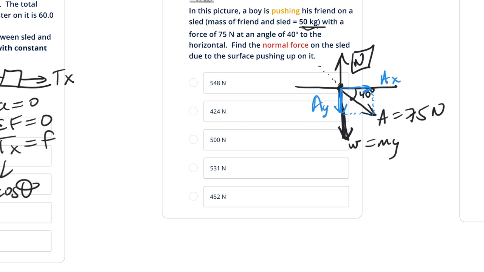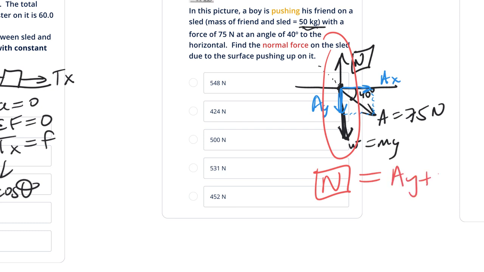Now in this case, look just at the vertical forces. N, the sum of the forces that point up, equals the sum of the forces that point down, because the sled and kid aren't accelerating up off the ground or down into the snow.